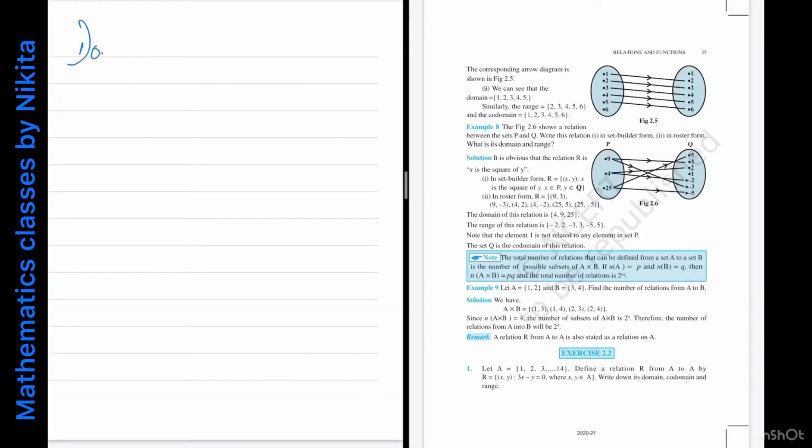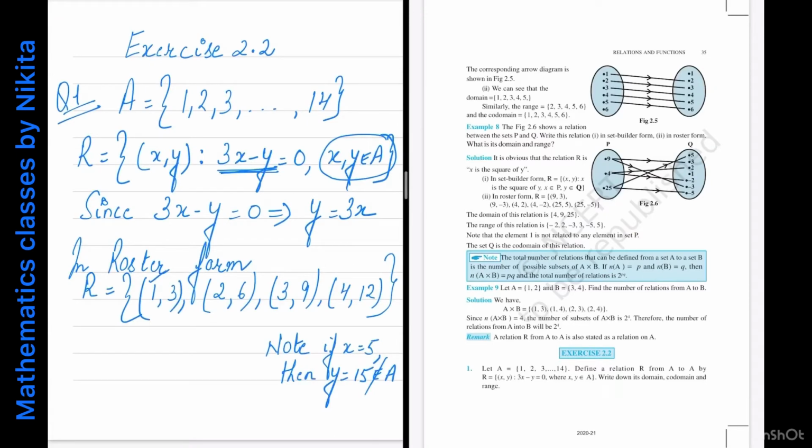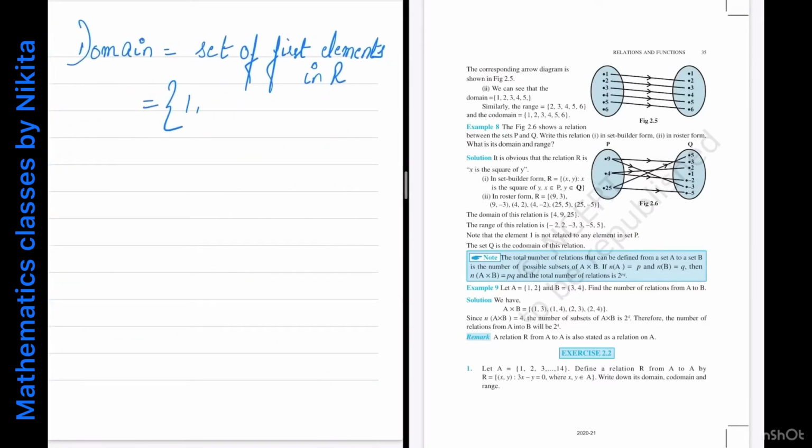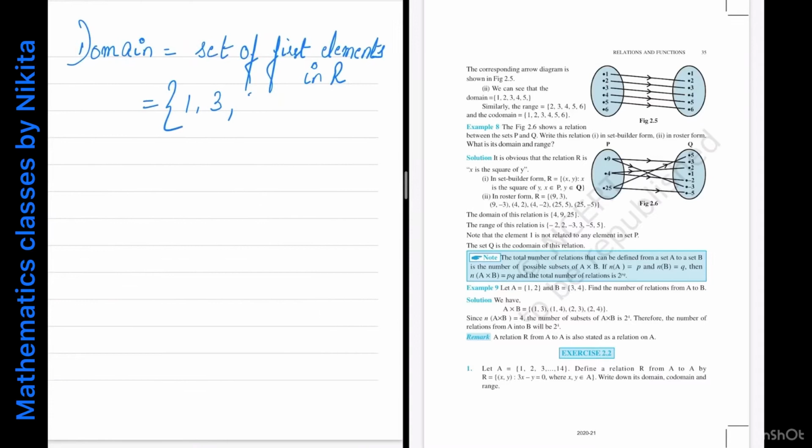I have told you that domain is nothing but the set of first elements in R. So therefore we will have 1, 2, 3 and 4. So domain is equal to {1, 2, 3, 4}.